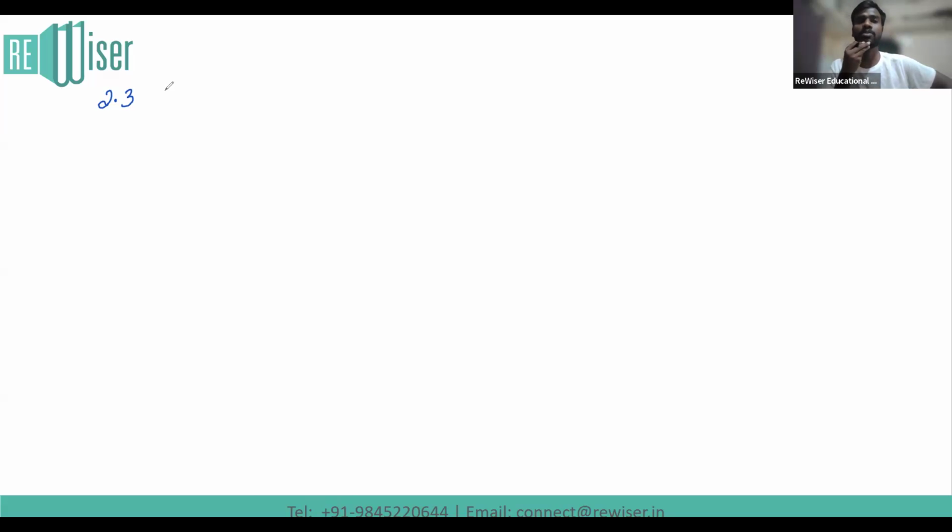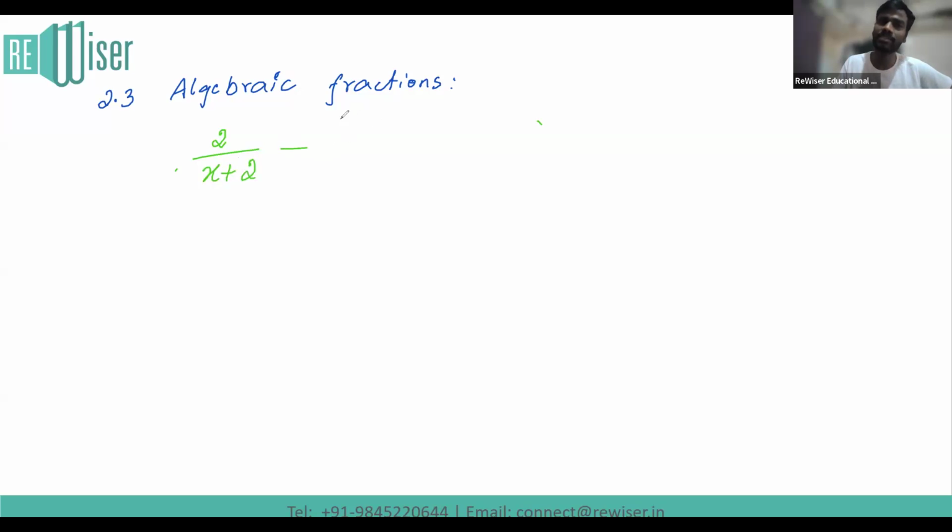So whenever we are talking about adding or subtracting two fractions, however we will be doing it, the same way we have to do it here as well. So under algebraic fractions, suppose I have, just an example, 2 over x plus 2, then minus, let's say, 4 over x minus 1.